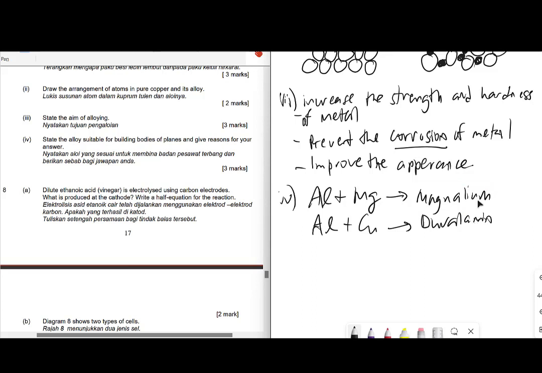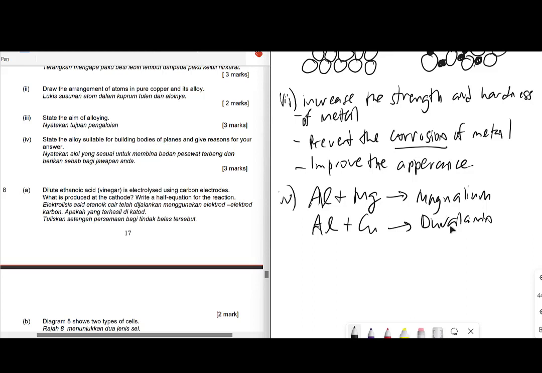All right. Since it contains aluminium, I can say about 80 or 90% of the alloy is mainly aluminium. So I can say these 2 alloys are also very light and low density. That's why it's a good reason for them to be used for planes, because we want it to be not just light, we want it to be strong and harder also. So that's why alloy is used to build the body of planes.